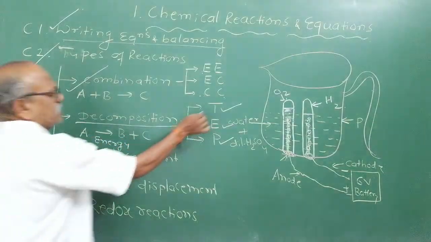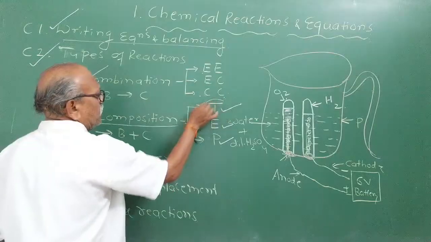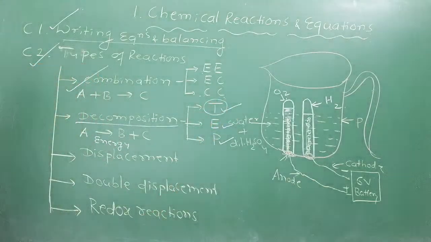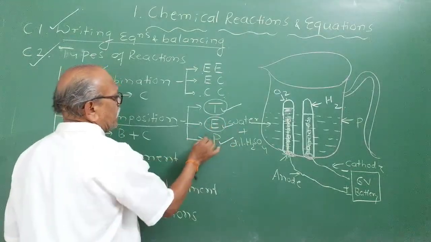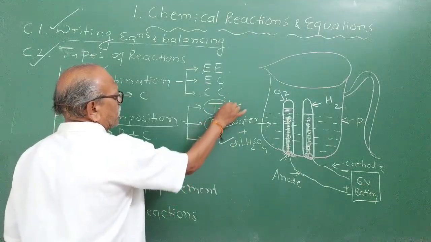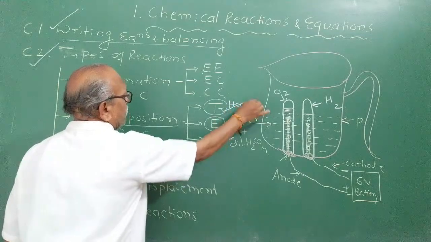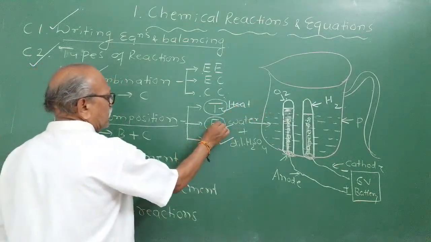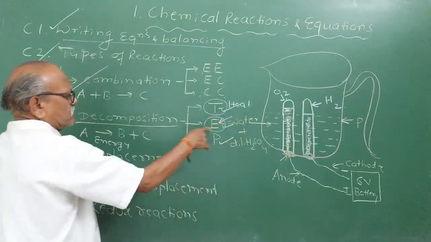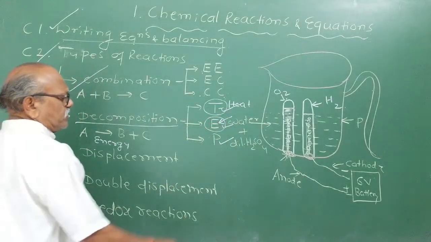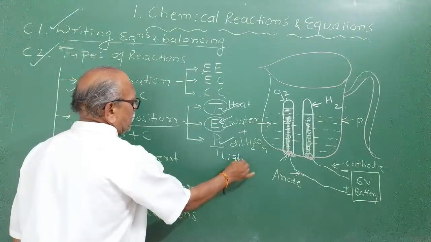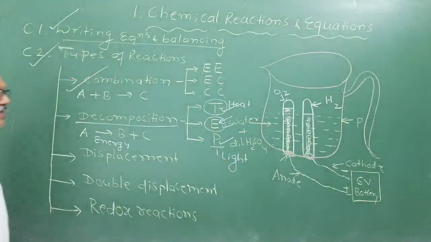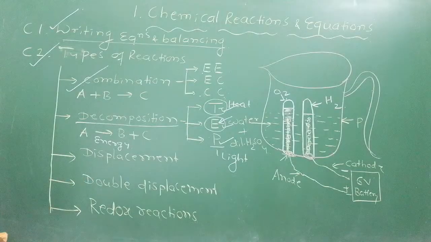We studied thermal decomposition reactions in the previous class, with different examples, and we were discussing electrolytic decomposition. Thermal decomposition makes use of heat energy, electrical energy is used in electrolytic decomposition, and in photolytic decomposition, the light energy of the sun is used. Is it clear to you? This is a summary of what we discussed.